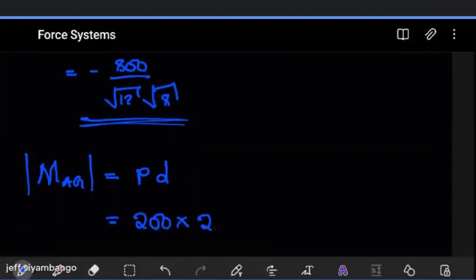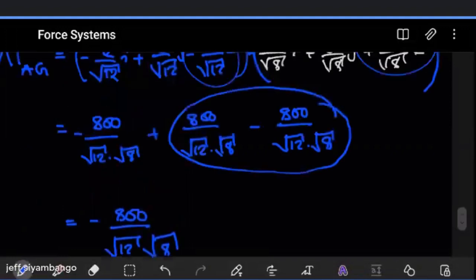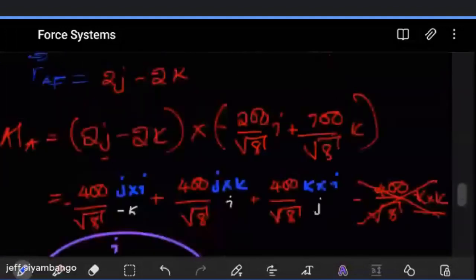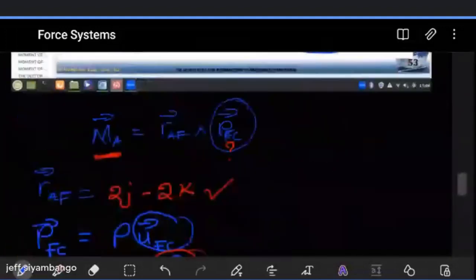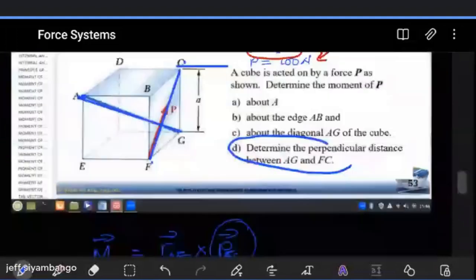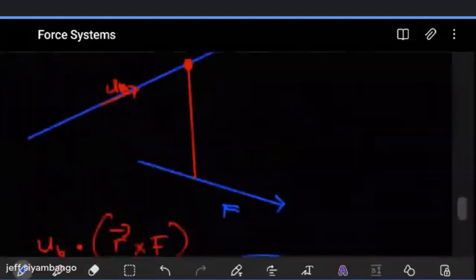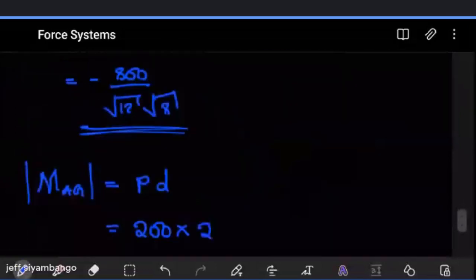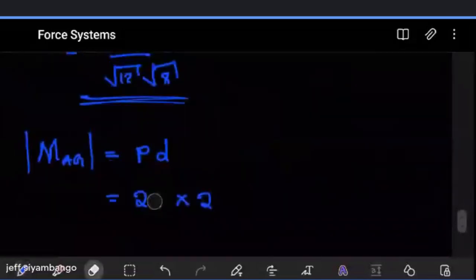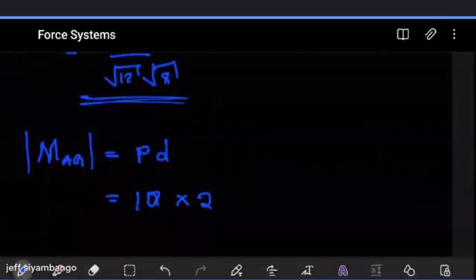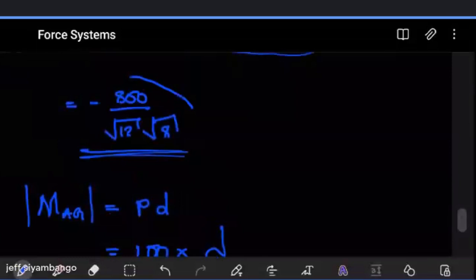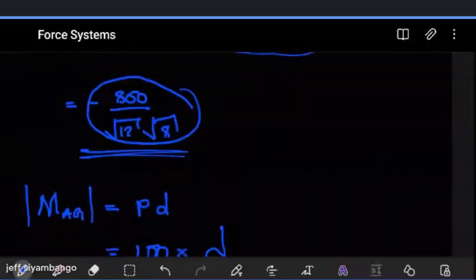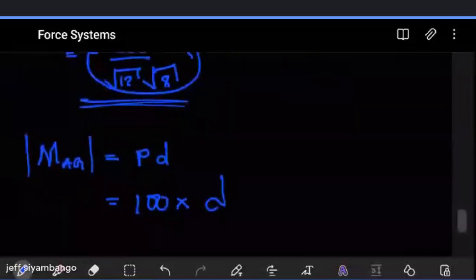Oh wait, was my force 200? I think I gave 100 for the force. It was 100, I think. Yeah, I gave 100 for the force. So P is 100. So we can get the same moment by just multiplying the force here, which is 100, by the distance between them, which is D. Now, we want to utilize the fact that we already know the moment that we have, and of course, just the magnitude.